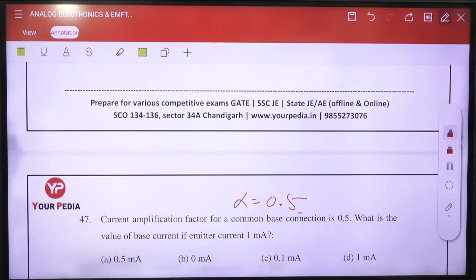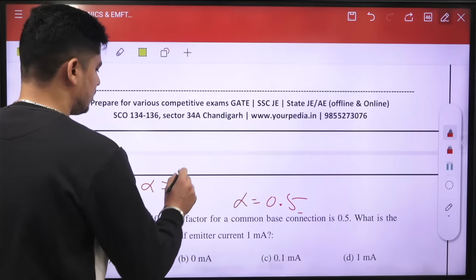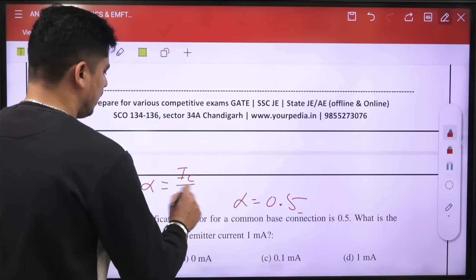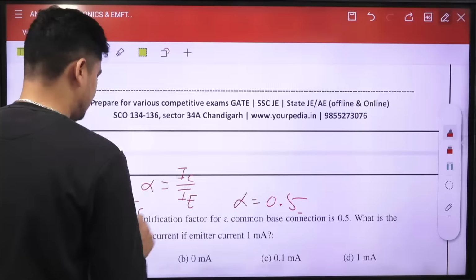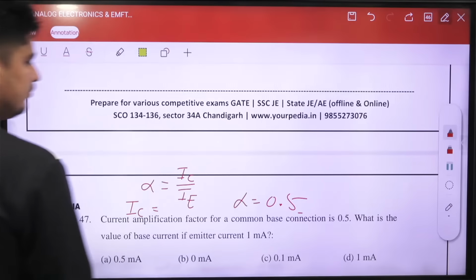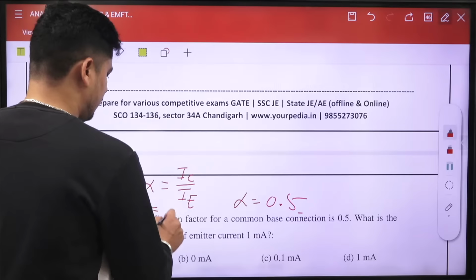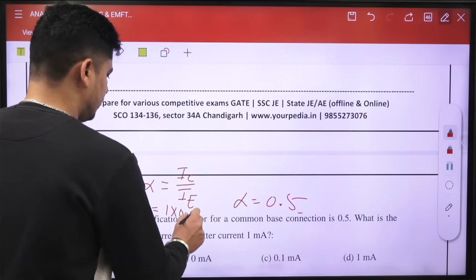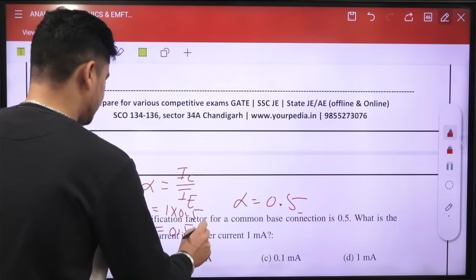He is talking about the base current, Madhu. See, basically alpha, if you remember, is IC upon IE. So from here I can calculate the IC value: 1 into 0.5, that is 0.5 milliamp.